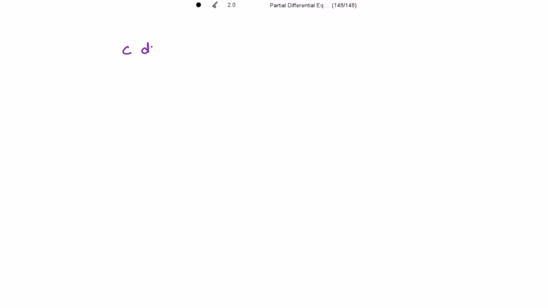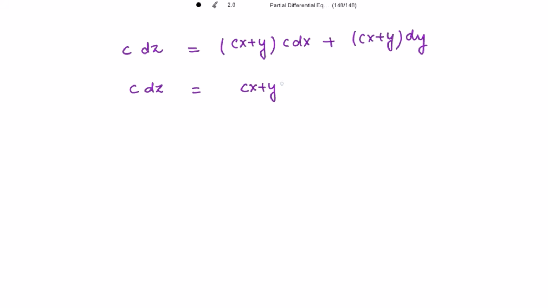So this is c dz equals to cx plus y into c dx plus cx plus y into dy. So on the right hand side, let's take cx plus y common and we get c dx plus dy.